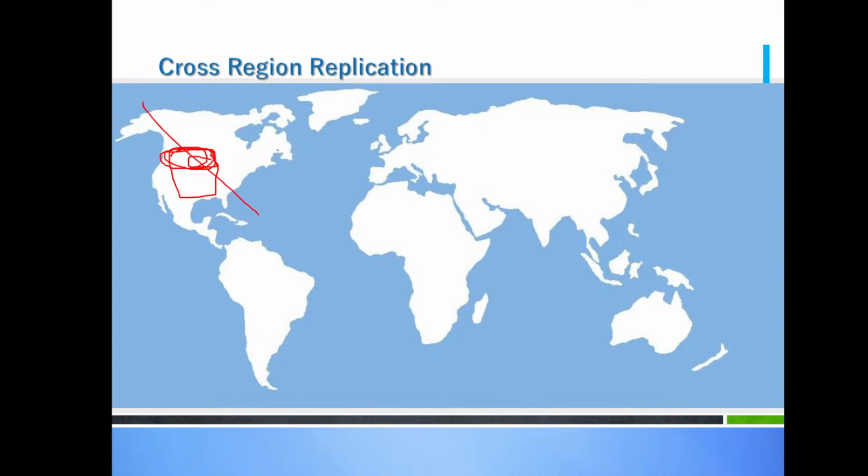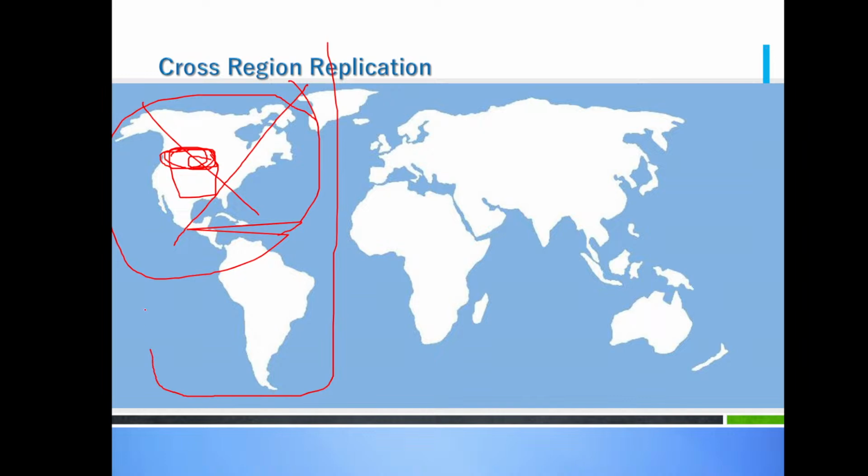Let's say this region goes down, you are not going to lose the data, but if this region gets isolated, I told you previously, there are chances. Last year, in 2022, the full America region got isolated. Why? Because there was a fiber cut. So nobody was able to connect to the data centers situated in America.